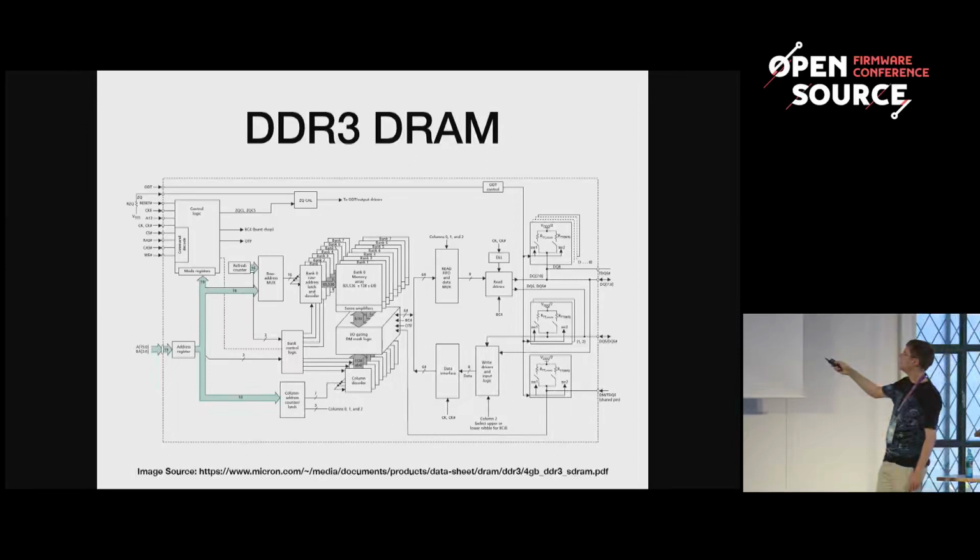You have a FIFO or multiplexer there, and 8 bit lines to the outside, and you have a burst length, typically a burst length of 8. So you send one command, and then get 8 data words back. I'll show later why that makes sense.